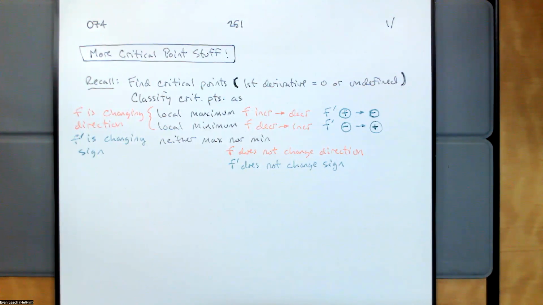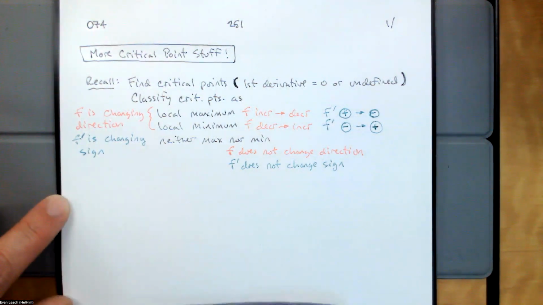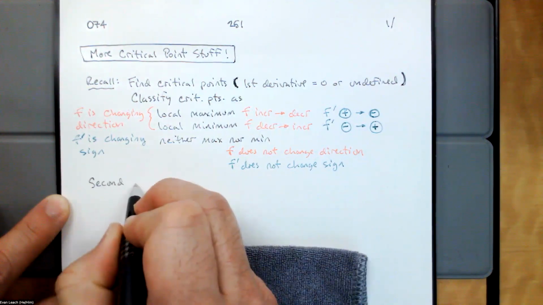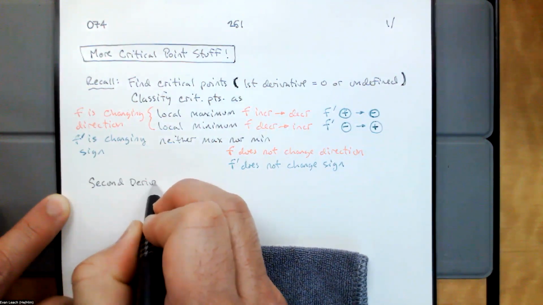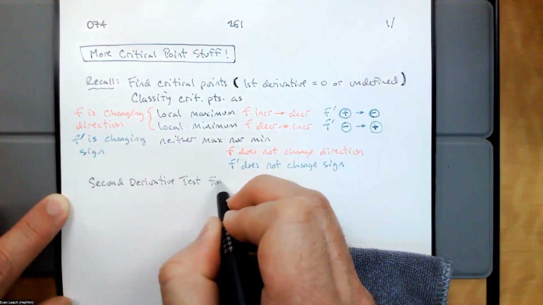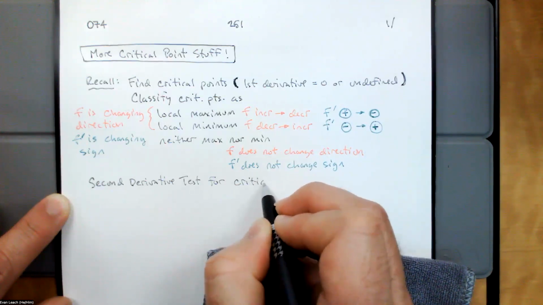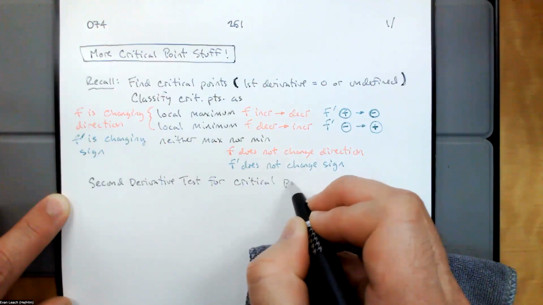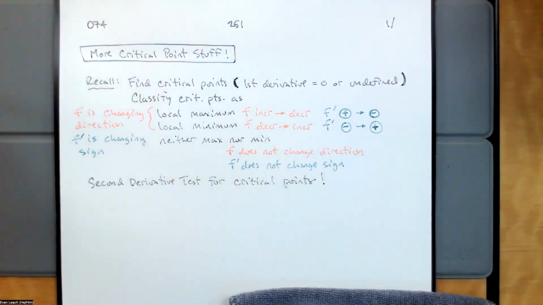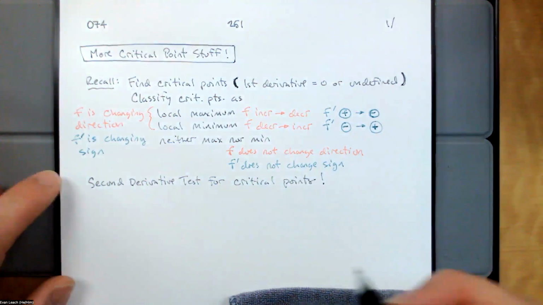To this, we want to add the second derivative, because sometimes the second derivative may have something to contribute in terms of our critical points. This is specifically for classifying critical points.